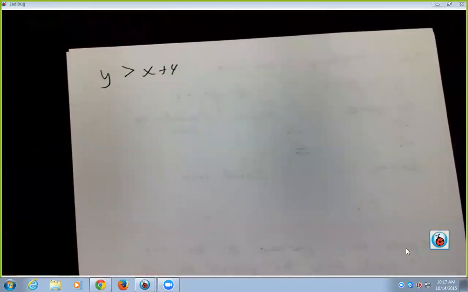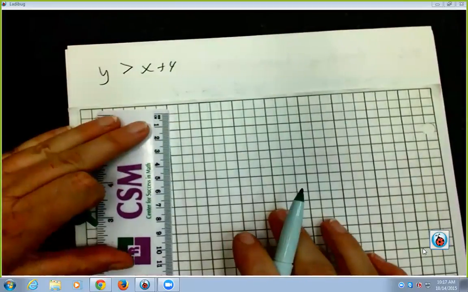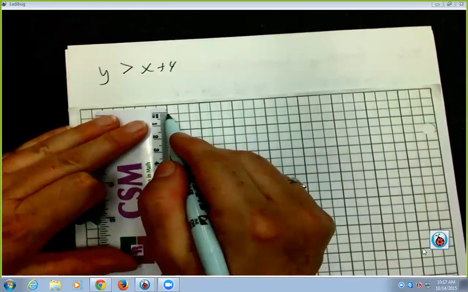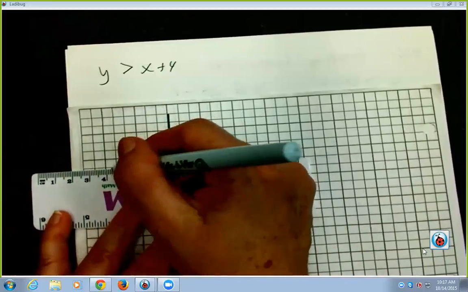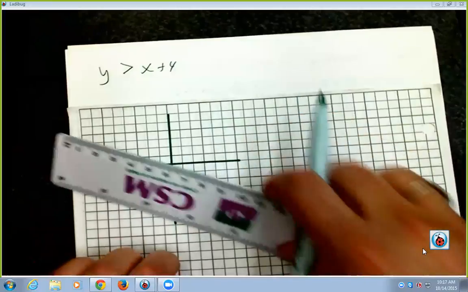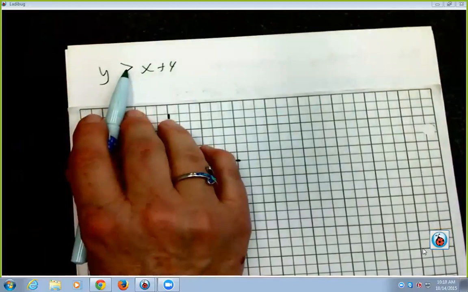And I'm going to stick this on graph paper this time so that we can see what's taking place with it. So if I graph this, what I now have is the graph of the line, and we said it was going to be dashed because we knew that we had no equals in here.